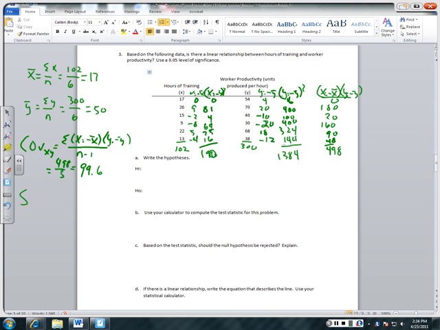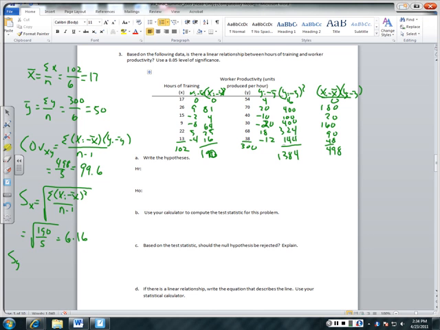So the standard deviation for the x's is equal to the square root of the sum of the squared deviations divided by n minus 1. And so that's equal to the square root of 190 divided by 5. And that's 6.16.